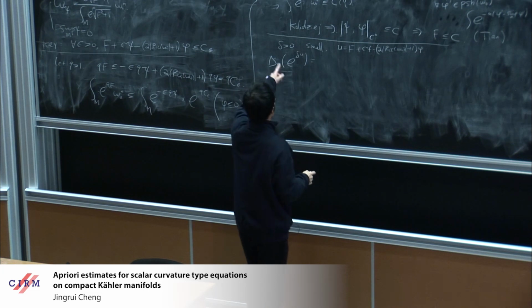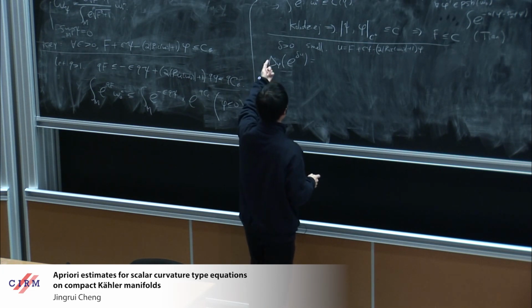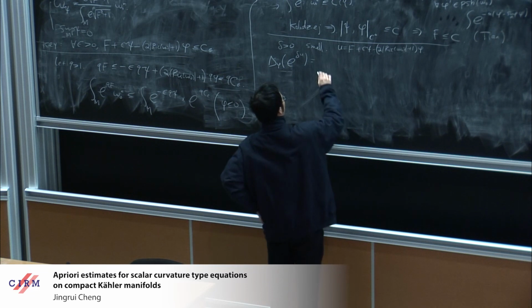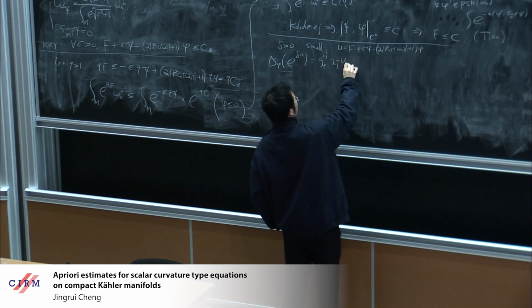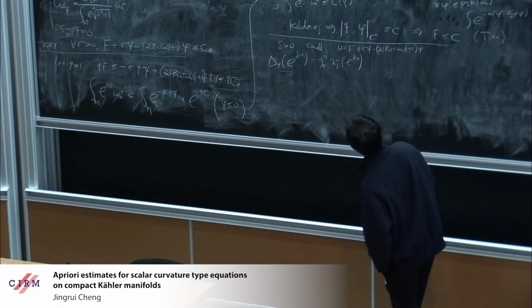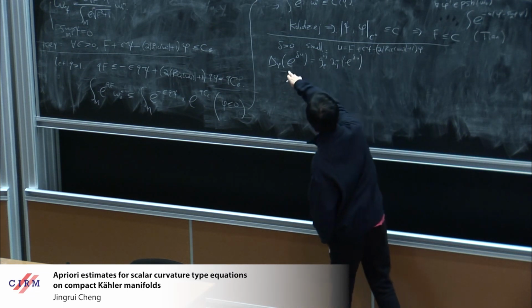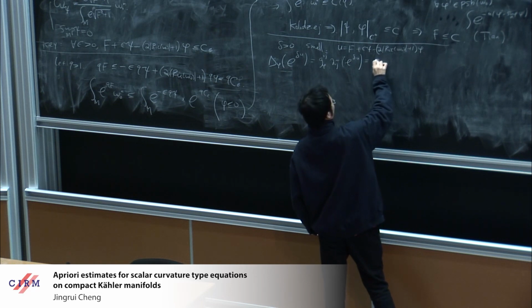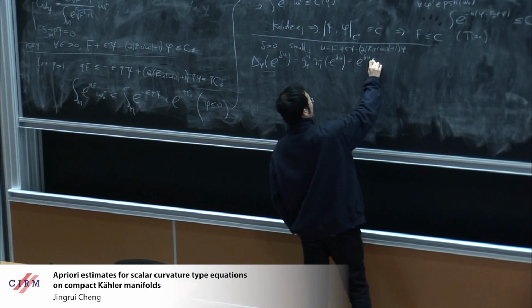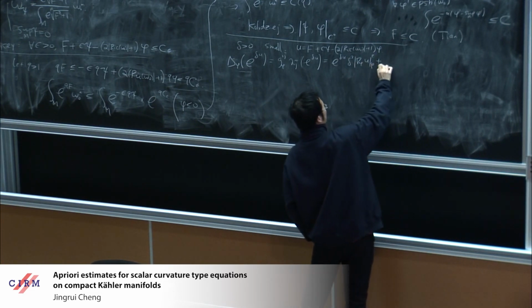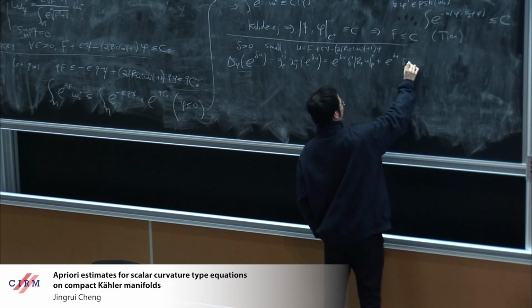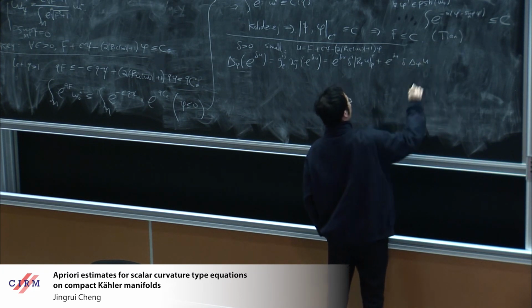Then delta phi is just the Laplacian operator of the metric omega phi, so you write this in coordinates, and then you compute this Laplacian.